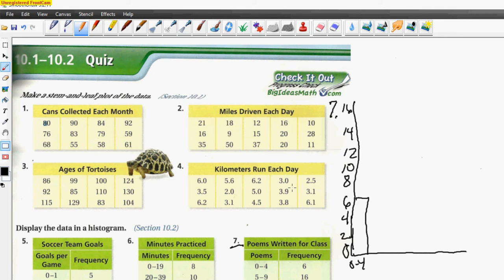All right. So the next one would be which one would be the highest one? And that would be, of course, the next one, which is poems 5 through 9. Okay, let's get this going right here. So we got to go all the way up to 16. Look at that. Okay. I went a little dizzy on that one.